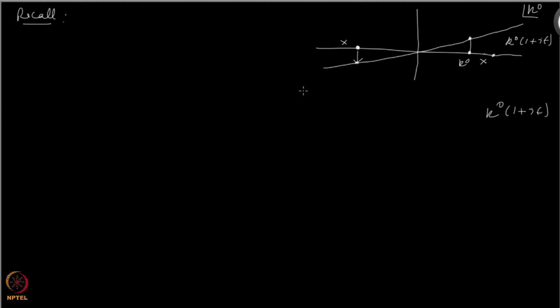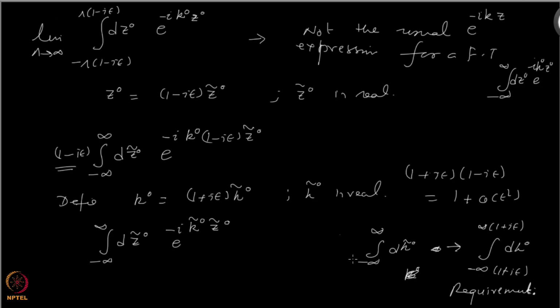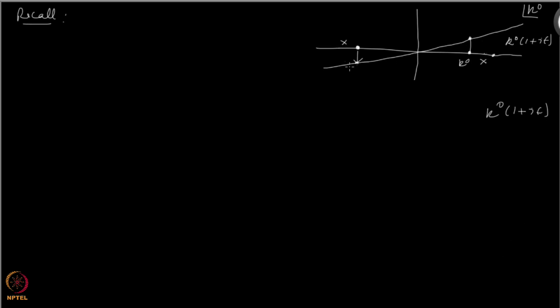So you see that the Feynman prescription that we have been using has precisely tilted the k naught contour in the complex plane according to this. Okay. So it has given each k naught an imaginary piece, and this is precisely what we are asking here, that the k naught integrals should run from minus infinity (1 plus i epsilon) to infinity (1 plus i epsilon), which is what the Feynman prescription has been doing.